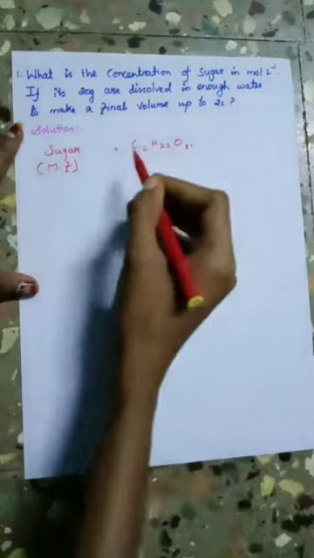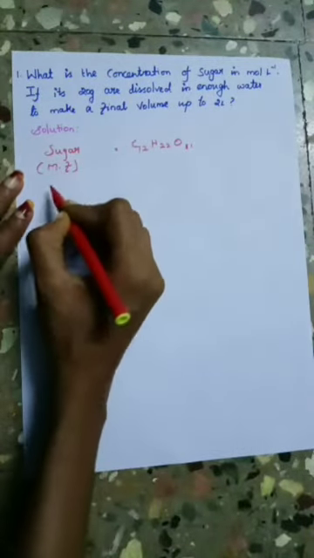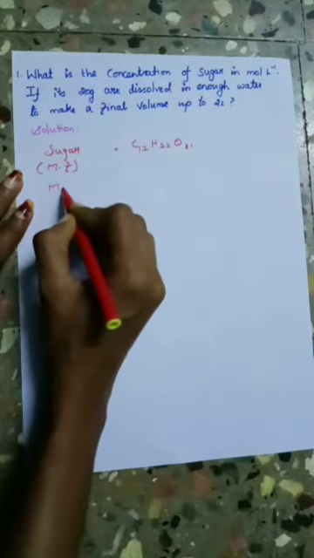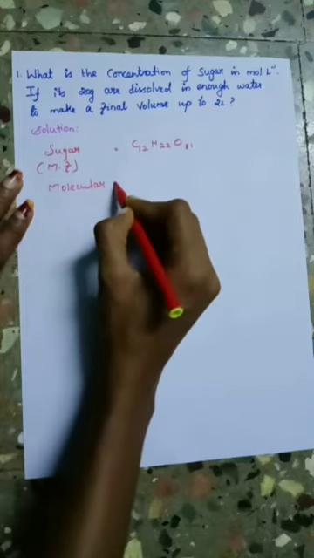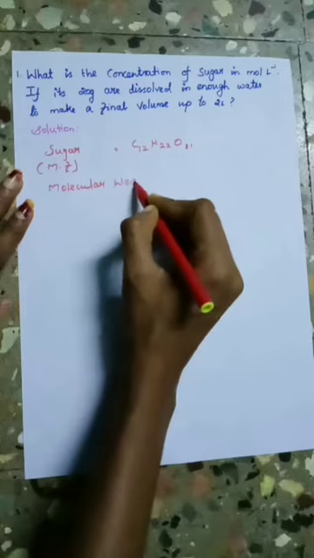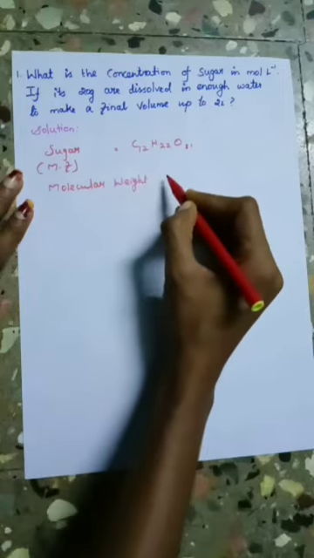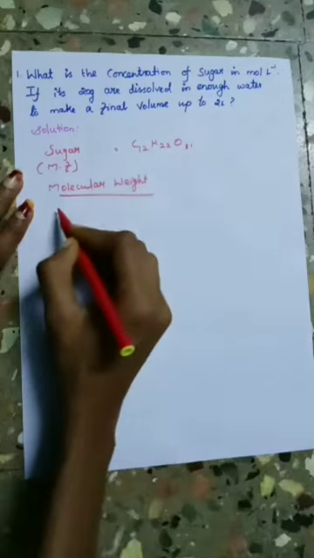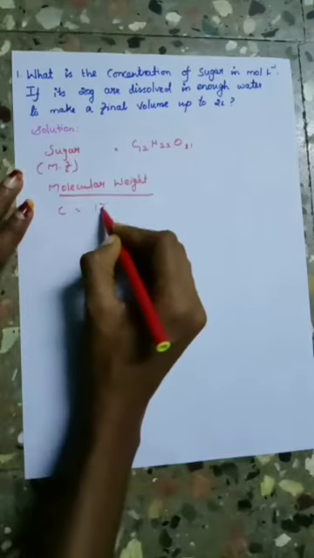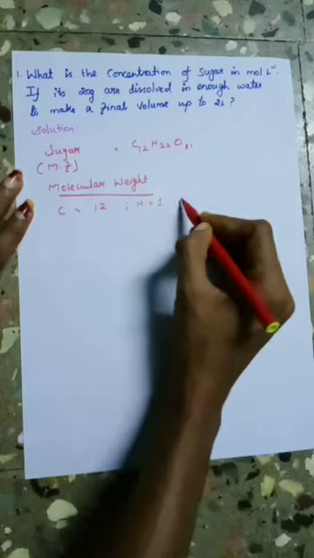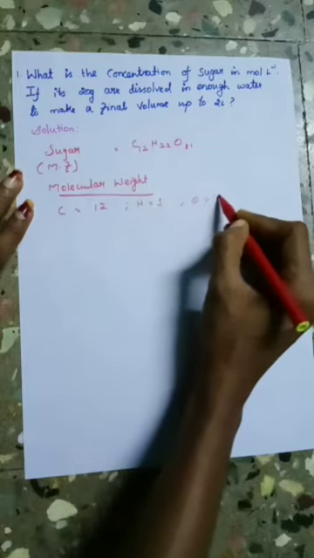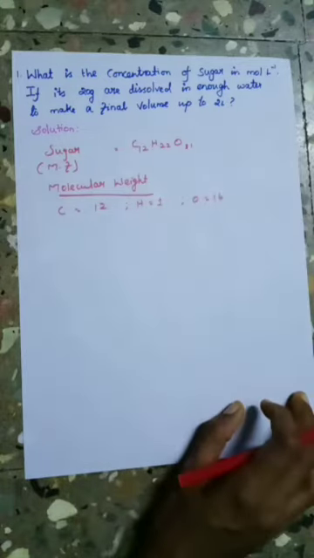What are the elements? Carbon. Molecular weight for carbon, how much? That is 12, hydrogen is 1, and oxygen is 16. So this is the molecular weight for each element, carbon, hydrogen and oxygen.